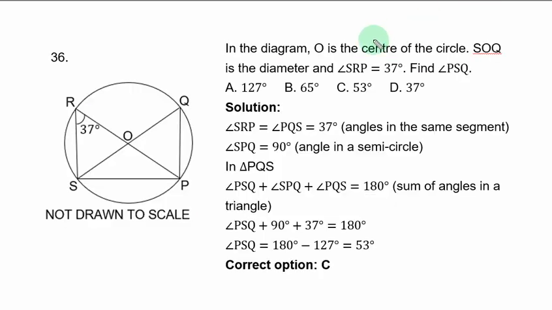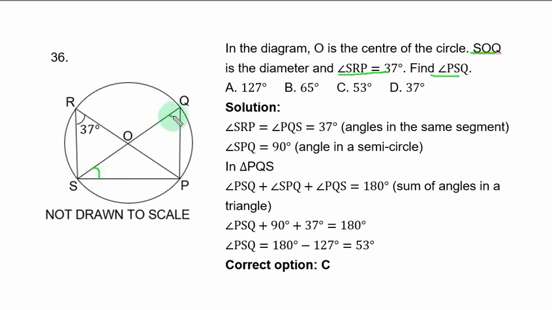Question 36. In the diagram, O is the center of the circle. SOQ is the diameter, and angle SRP is equal to 37 degrees. Find angle PSQ. To get this angle, we have to look at triangle QSP.